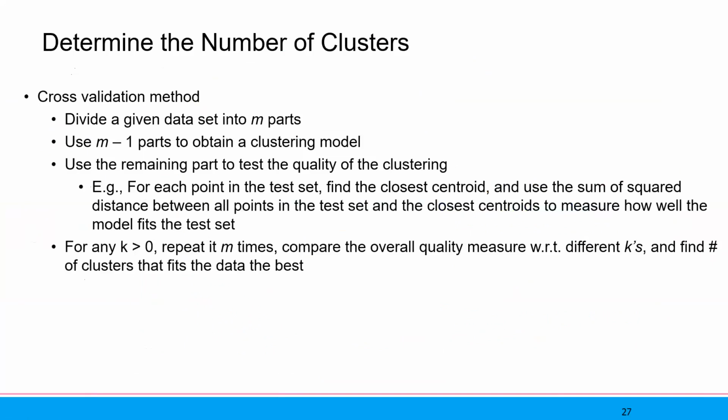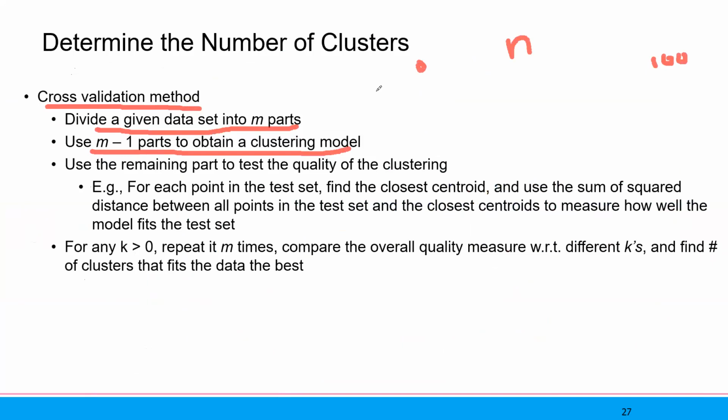There is another way we can determine the number of clusters. We call it the cross validation method. We can divide a data set into m parts. The first step is to use m minus 1 parts to obtain the clustering model. So let's say I have n data, from 0 until 100 data.